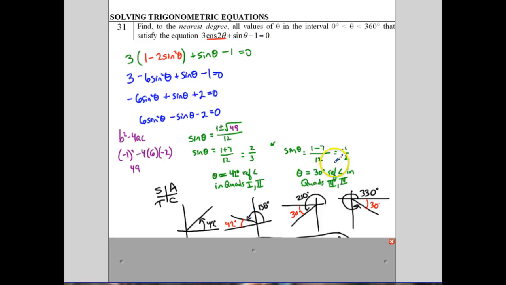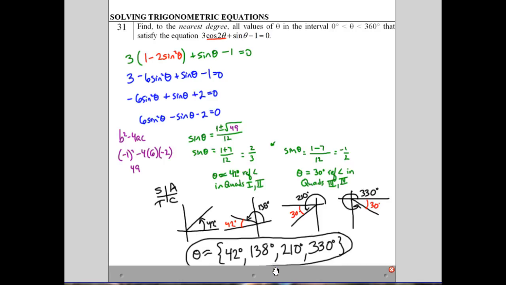For a negative value of sine, we're going to be in quadrants 3 and 4. So the reference angle is 30, both cases. One angle in quadrant 3 is 210. The angle in quadrant 4 is 330. So those are our 4 solutions that are between 0 and 360, and I write them all out here to the nearest degree.